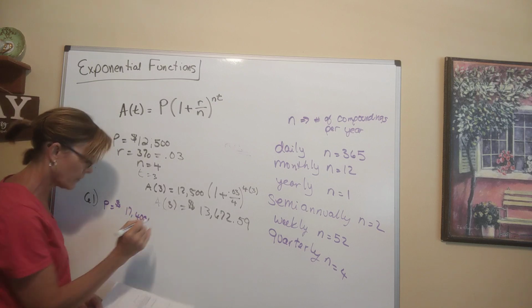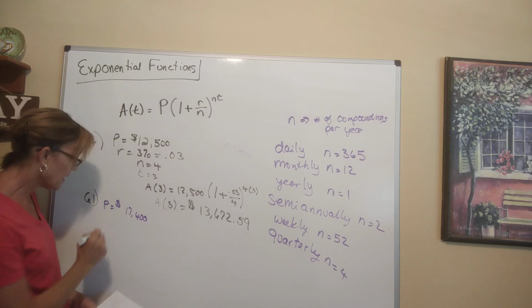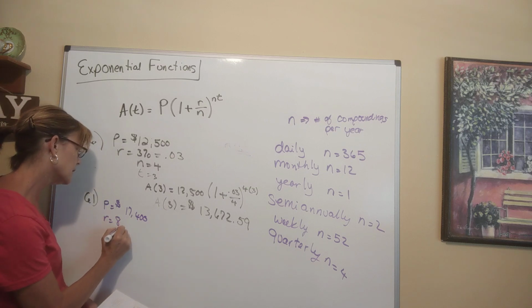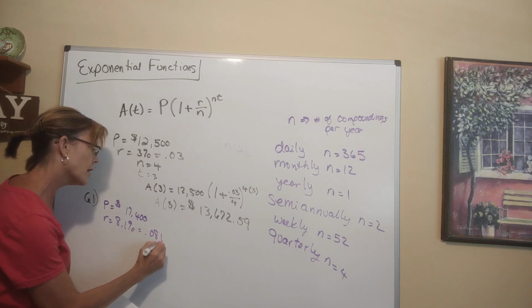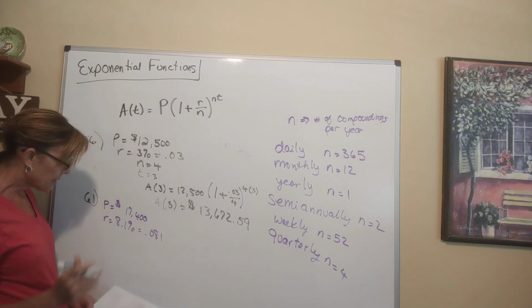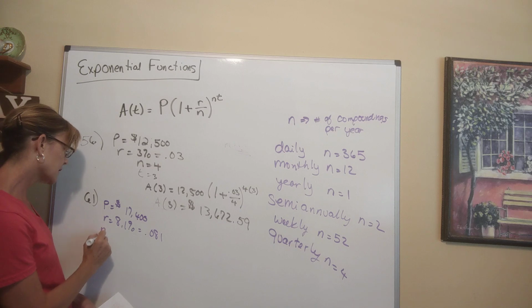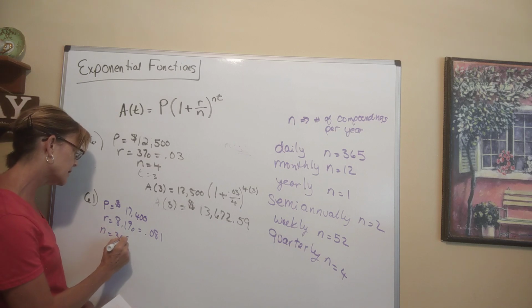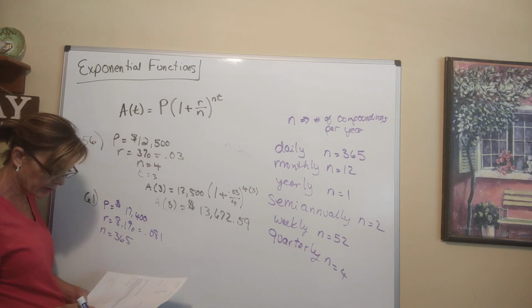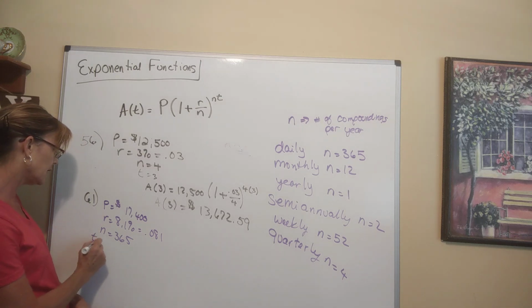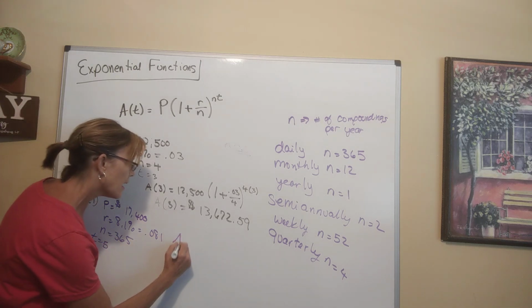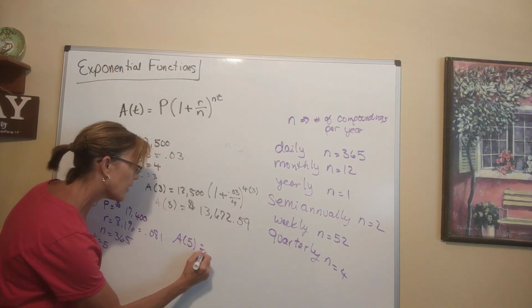Then it says that the rate is 8.1%, which I have never seen, but this is 0.081. It's daily. Wow. Okay, so this is going to get compounded 365 times per year, and this is going to go on for 5 years. t is 5. What is the amount in the account after 5 years?